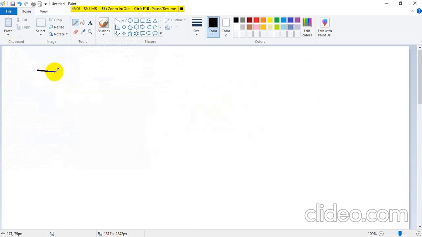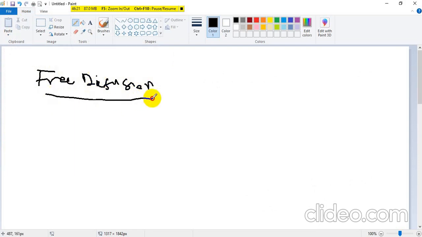Okay, free diffusion. How do you spell diffusion? Let me spell it like this. Okay, so if I have a bottle of spray and I press the canister, the spray fills the whole room.